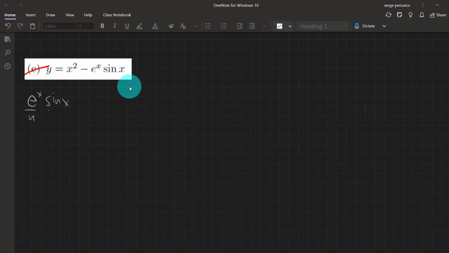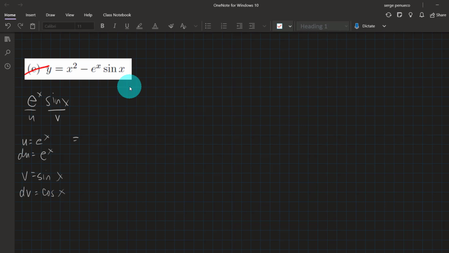So, this is our u. Sin x is our v. And then, u is e raised to x. du is e raised to x pa rin. Ang v natin is sin x. Ang derivative ng sin is cosine x. So, using the formula, product pala to.